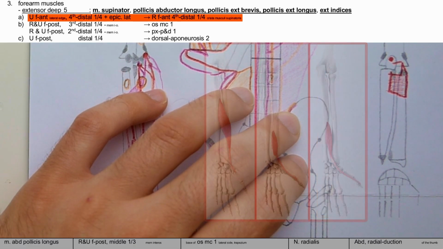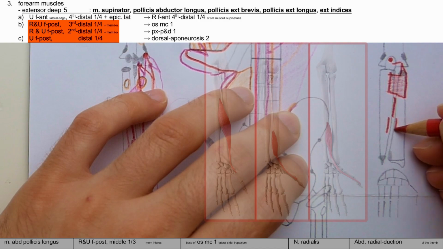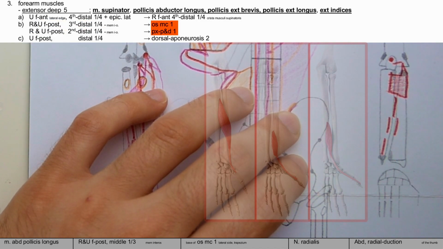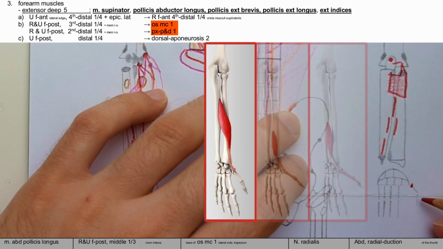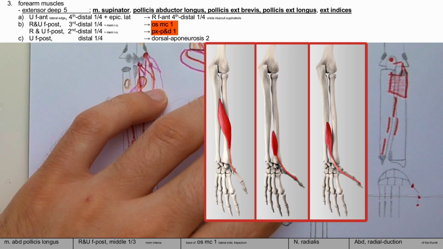The second step is about the deep digital muscles. First, we draw 4 lines. Then, we mark the insertions of the 3 thumb muscles. They are the metacarpal bone, phalanx proximalis, and phalanx distalis of the thumb.